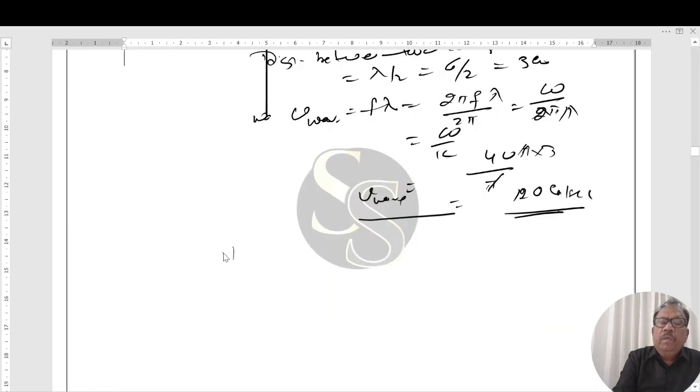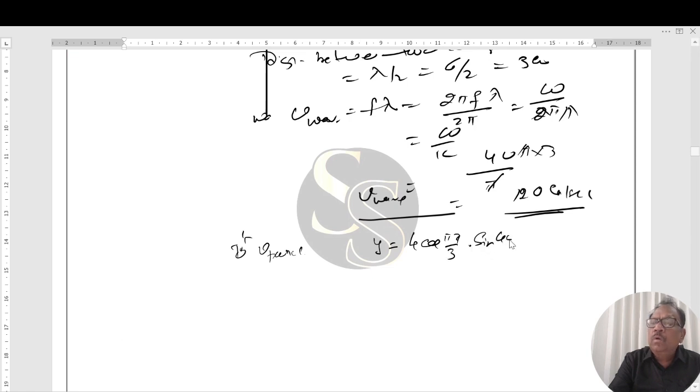Now to find the particle velocity, V particle. Given is y equals 4 cos(pi x by 3) into sin 40 pi t.